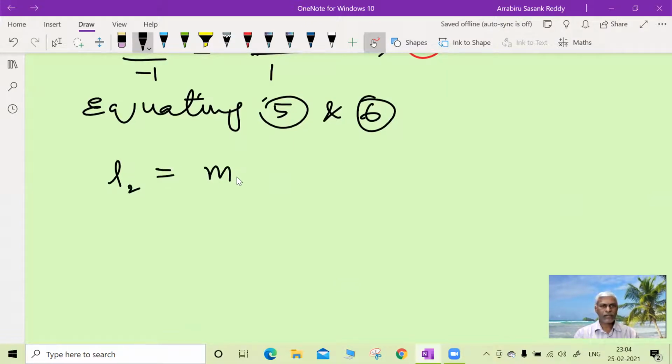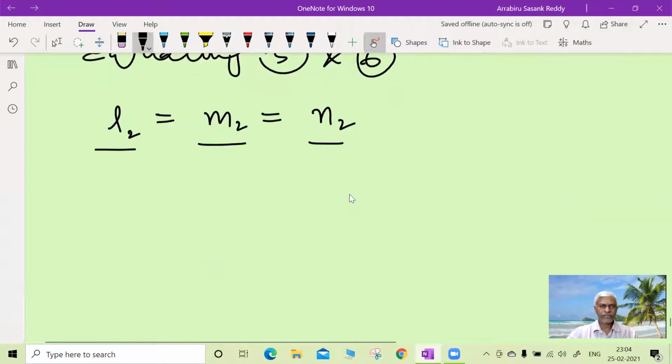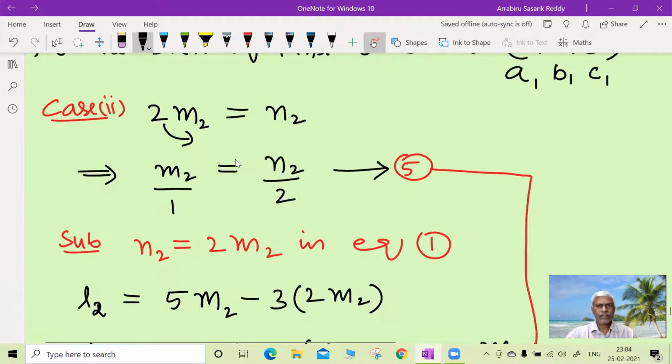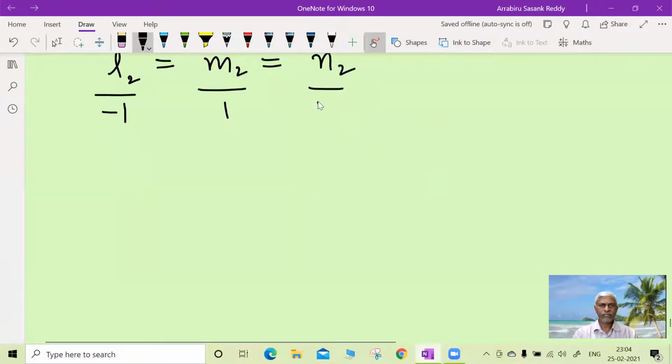l, m, n: l by minus 1, m by 1, n by 2. So minus 1, 1, 2.